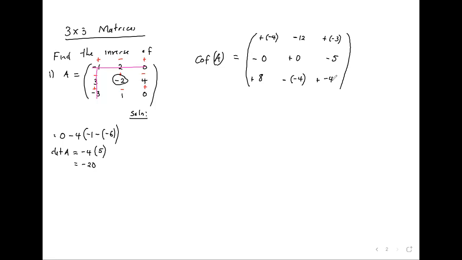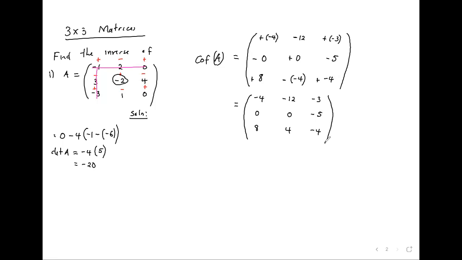Now, if we write this one properly, with the signs, we will have -4, -12, -3, 0, 0, -5, 8, 4, -4.